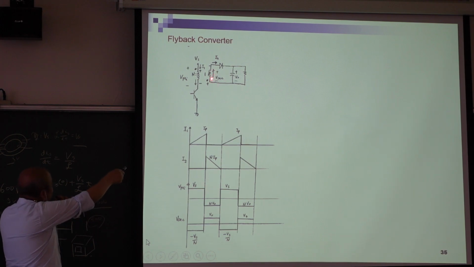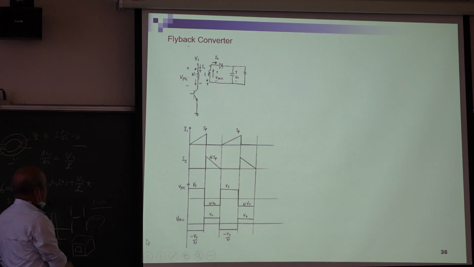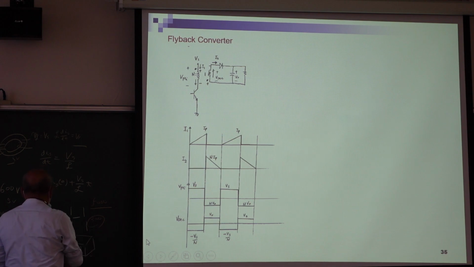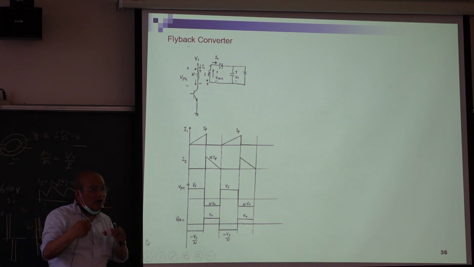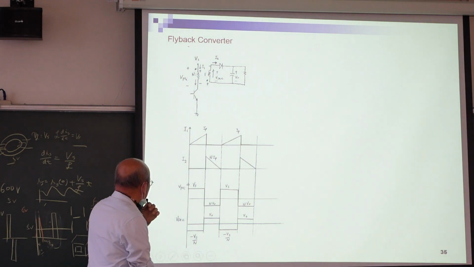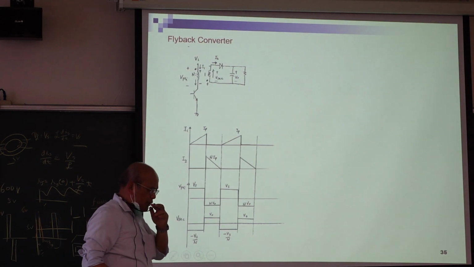And then this turns on, then the output voltage increases. Because we have a huge current change, the output voltage changes hugely. So the output ripple is very huge. So this is the disadvantage.